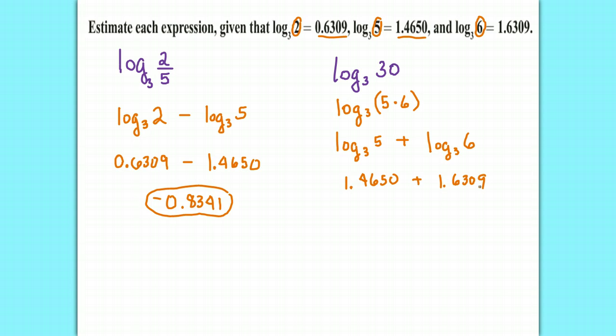Okay. And then add those together. That gives 3.0959. Okay, so that's the technique there, is just try to write it in terms of what you're given in the directions.